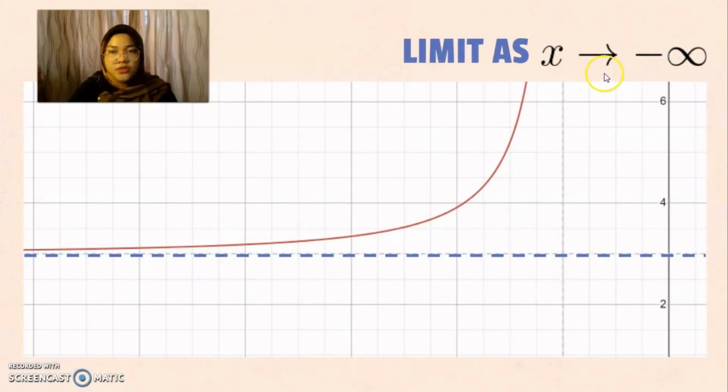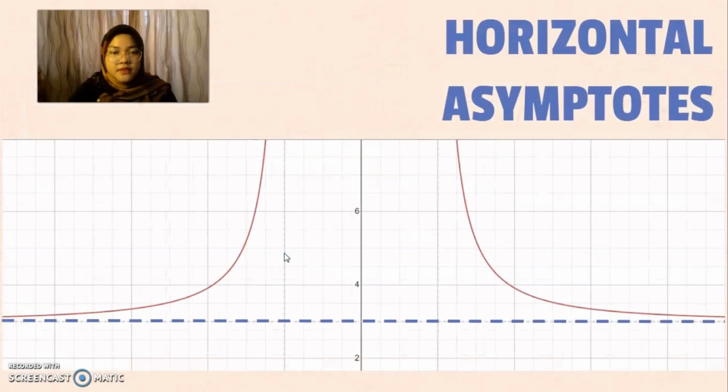As x approaches negative infinity, the graph will never touch 3 because 3 is our horizontal asymptote. So this is our end behavior graph, which will not touch 3 even as x gets close to the left or close to the right.